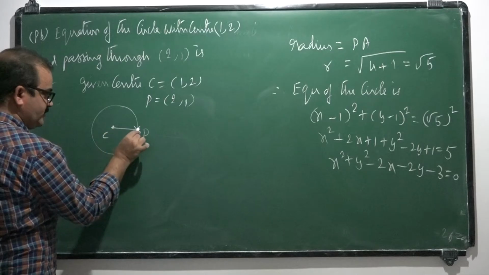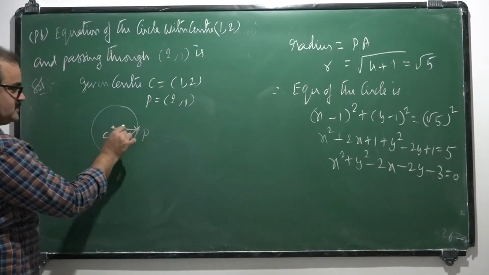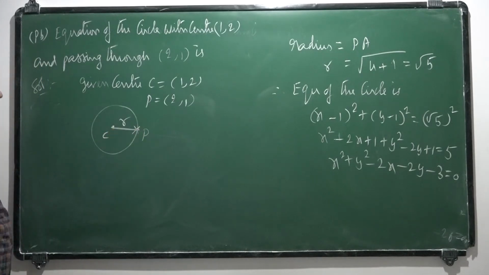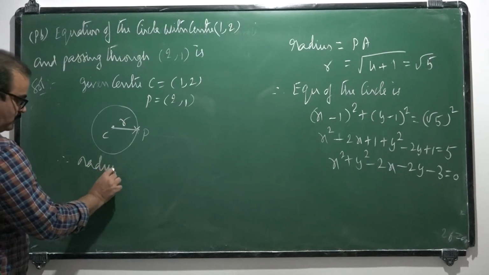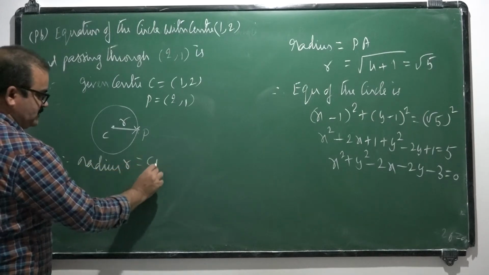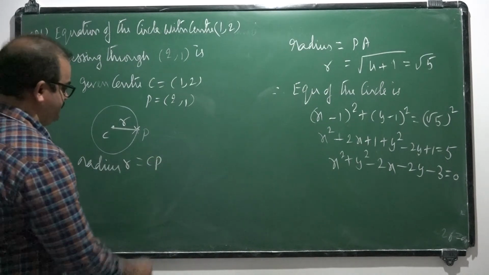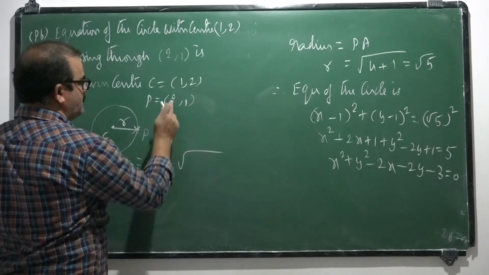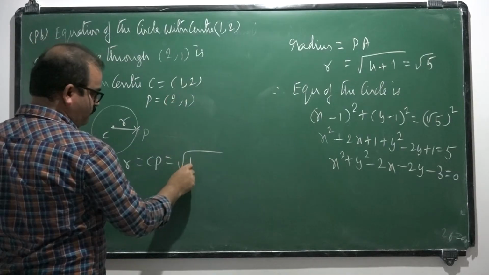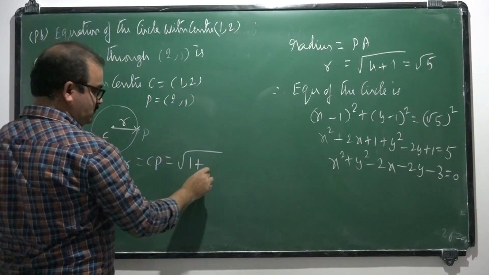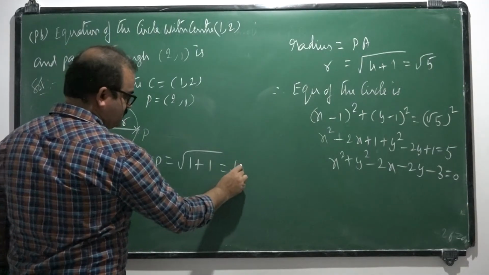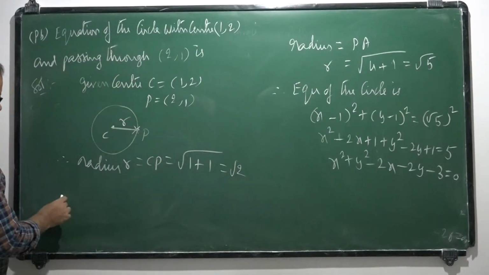Now, the distance between these 2 points is the radius of the circle. Therefore, radius R is equal to CP, (2 minus 1) whole square 1 plus (1 minus 2) whole square 1. So the radius is root 2.